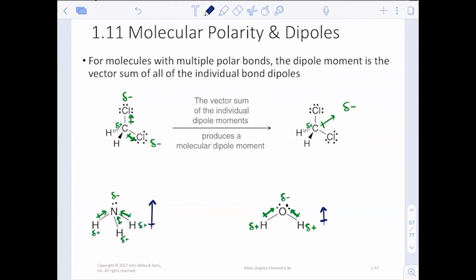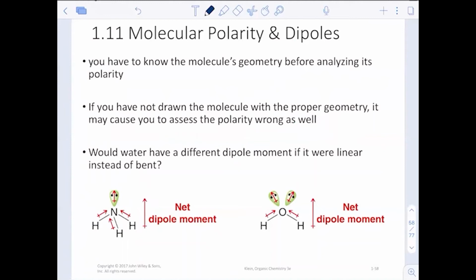Now, you have to know the molecule's geometry before analyzing the polarity, right? If you have not drawn the molecule with its proper geometry, you might actually assess it wrong. You might take the vector sum and forget what the actual molecule looks like.